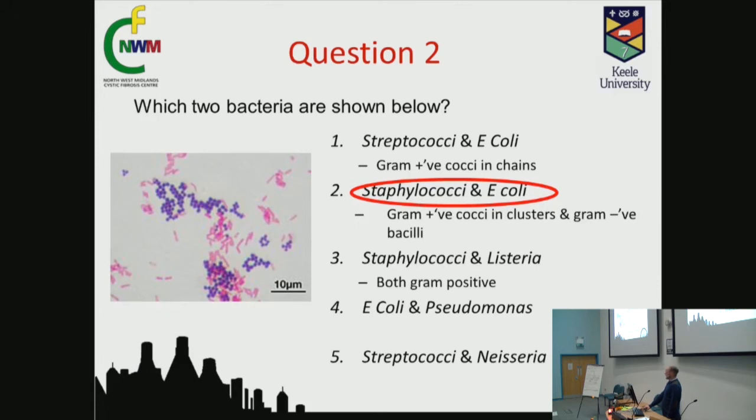Staphylococci was right, but as for Listeria, they're both gram-positive, so it wouldn't be that. E. coli and Pseudomonas are both gram-negatives, so we know we've got one of each. And the bottom one, they are both cocci, or there is one positive and one negative. So with relatively little information, if you know how you classify the bacteria, it's quite easy to work out what seems like a quite difficult question.